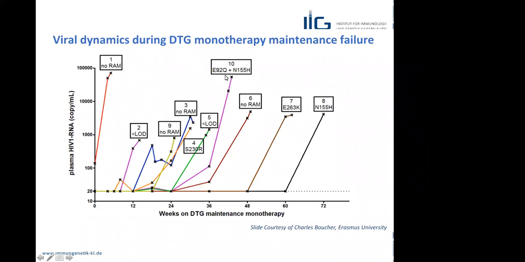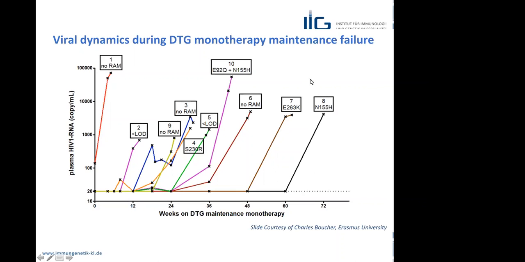And this is what I mentioned before, that we are still at the beginning of detecting and understanding dolutegravir drug resistance, because one of these mutations is not really conferring phenotypic drug resistance.